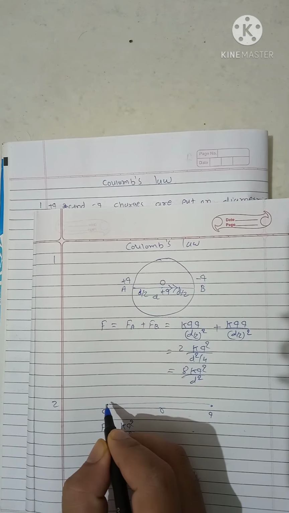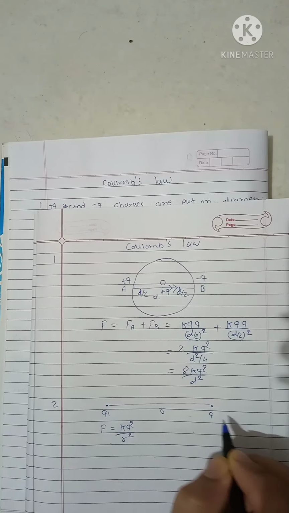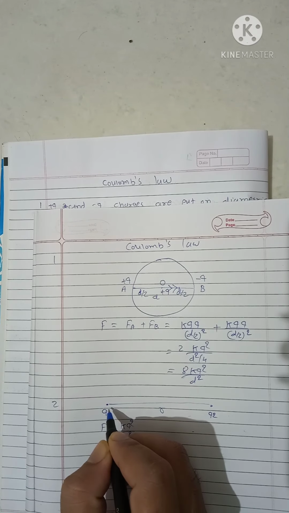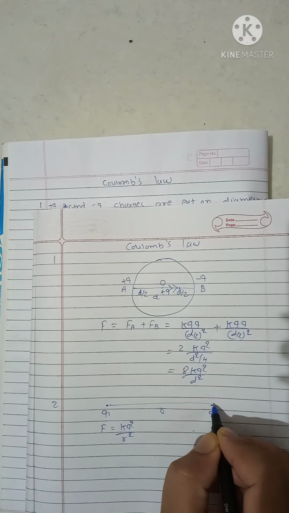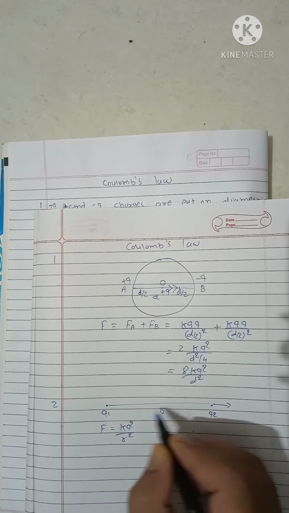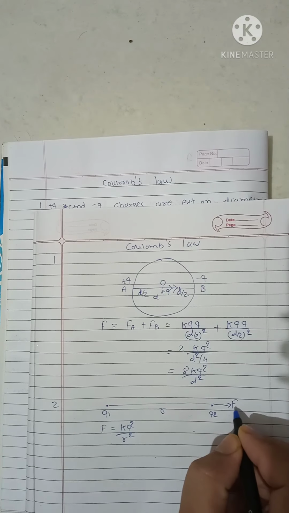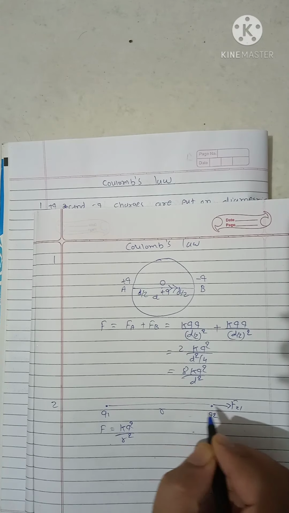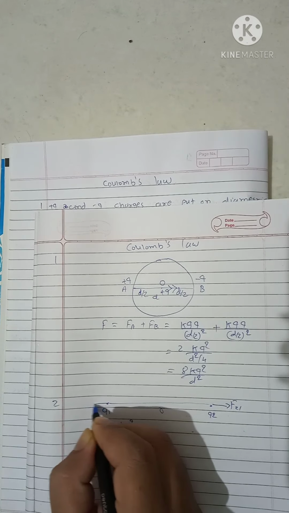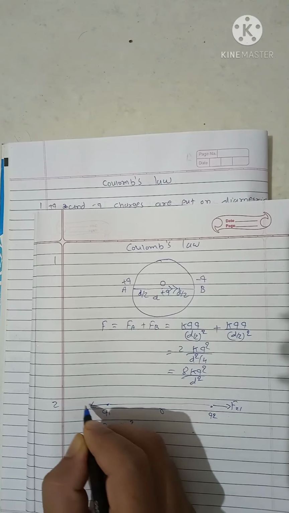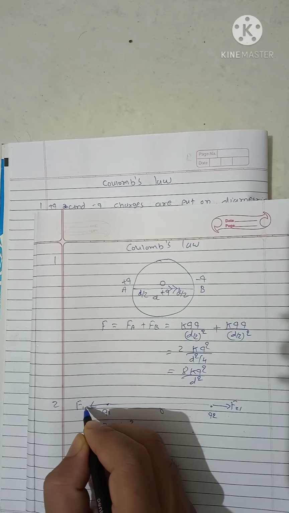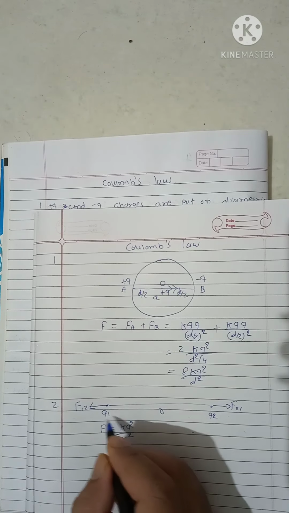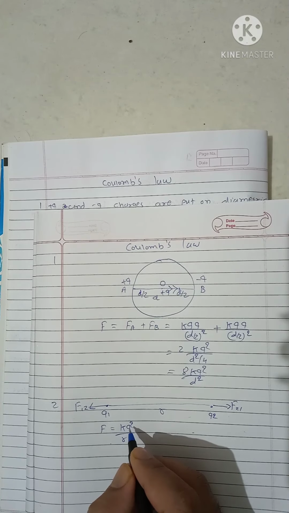If we take charge q1 and consider another q2, the force exerted by q1 on q2 is in the direction away from the q1 charge, and that is F21. Similarly, the force exerted by q2 on q1 is in the direction away from q2, and that is F12. Here we can see that the values of both forces will be the same.